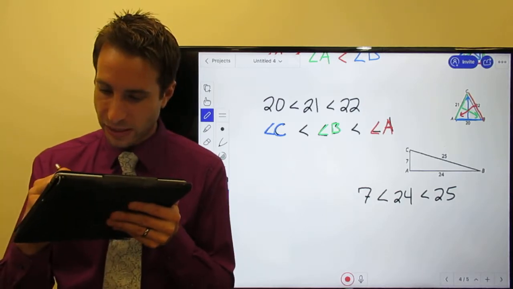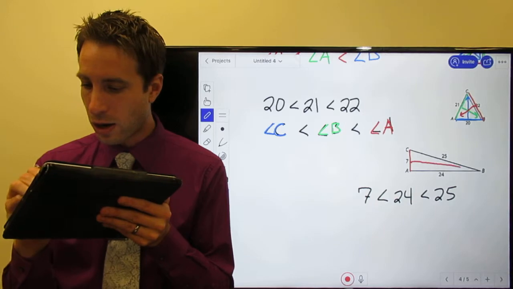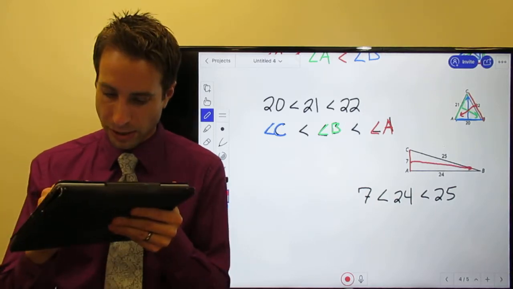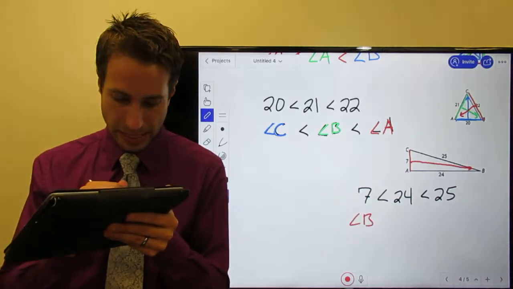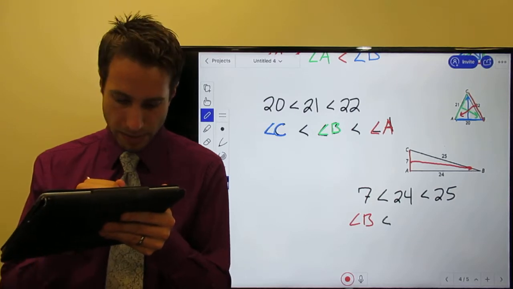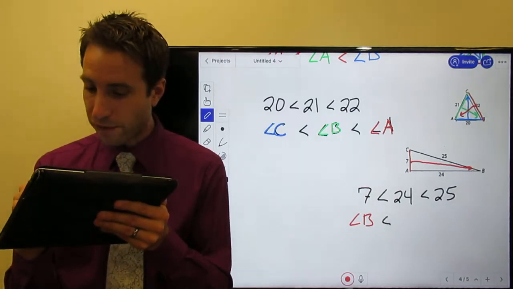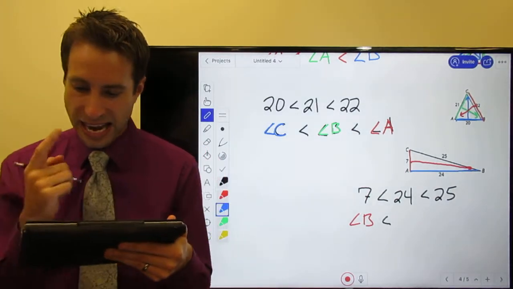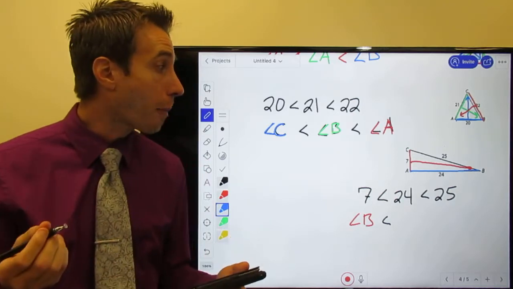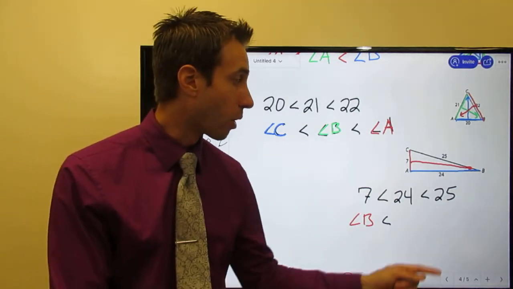All right, 7 is the shortest side, so opposite is going to be my smallest angle, angle B. My next side is 24. Okay, I need the angle opposite 24, right?